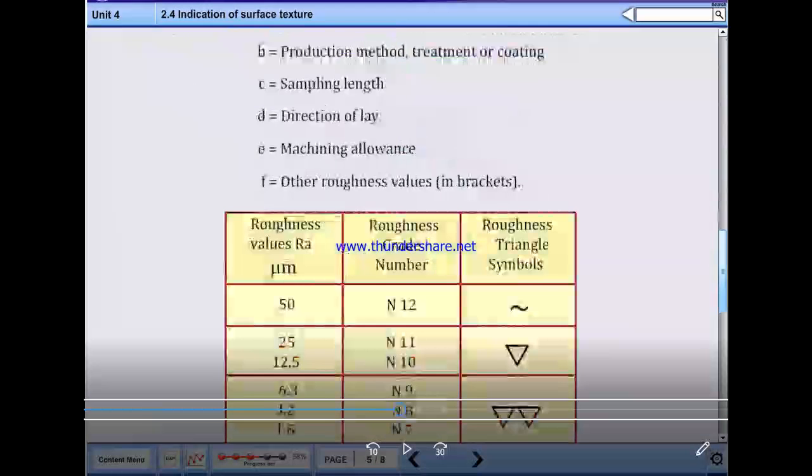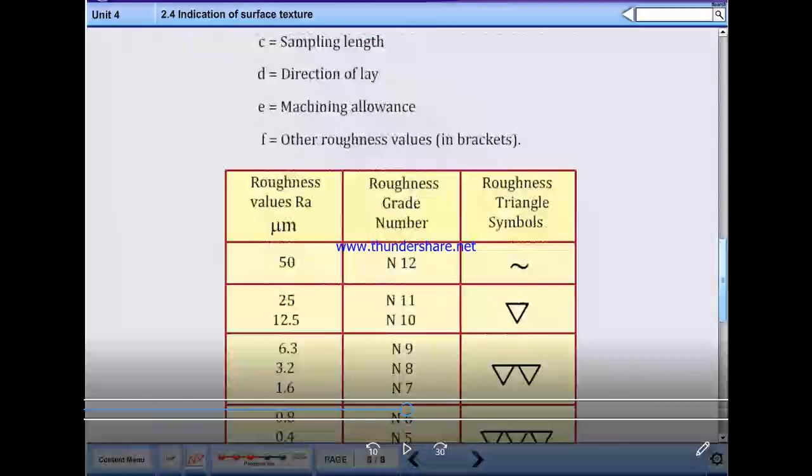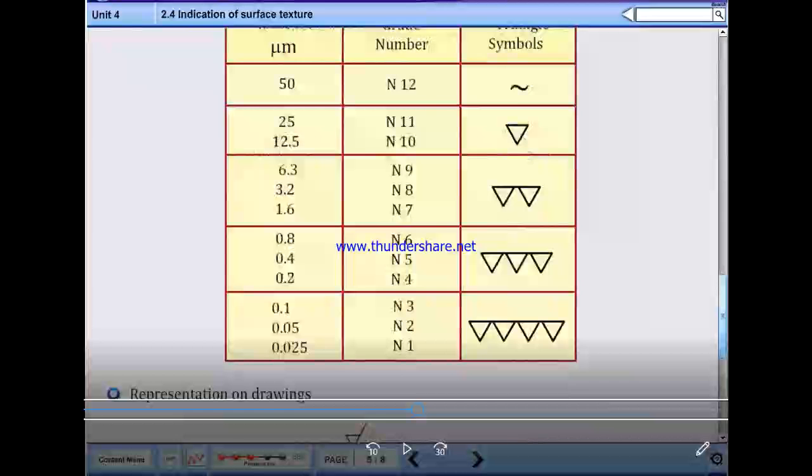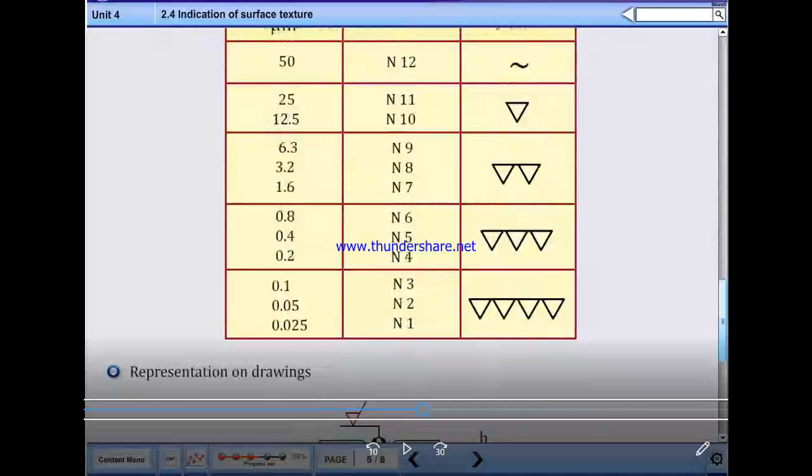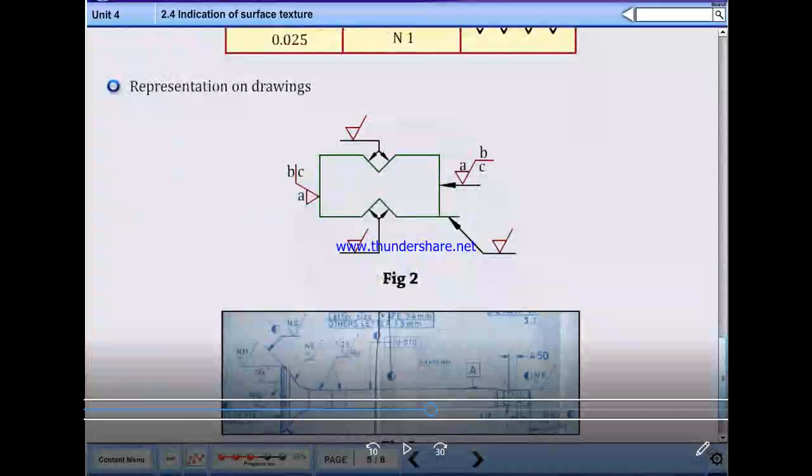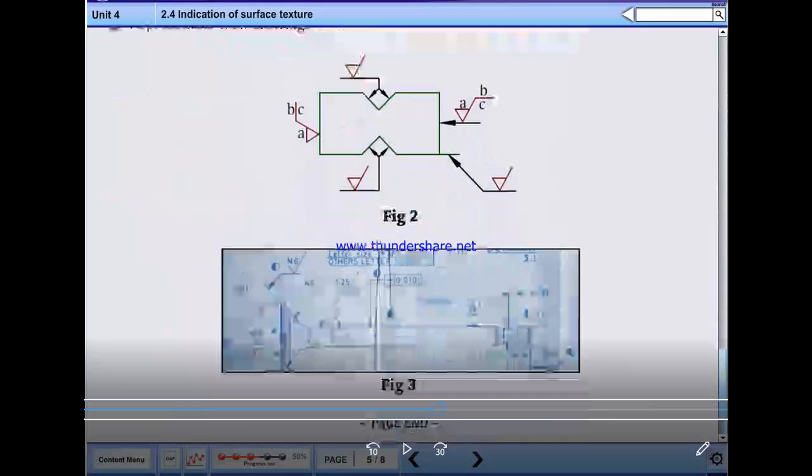So like this, the values are indicated as shown. Please note this table. I'm drawing the representation. Now done. This is a little example.